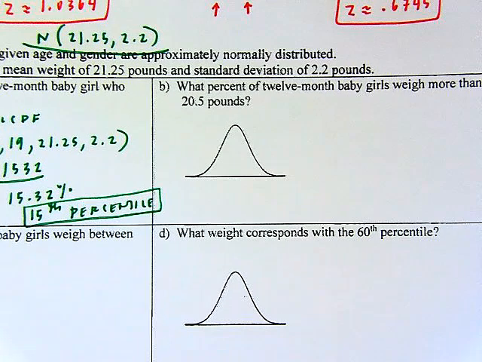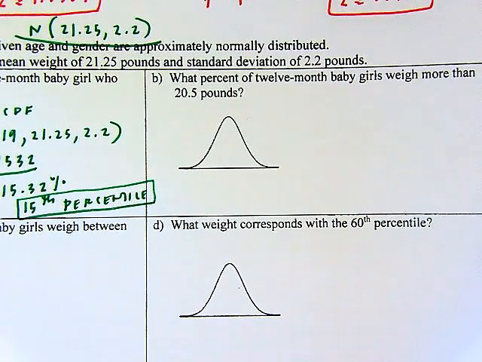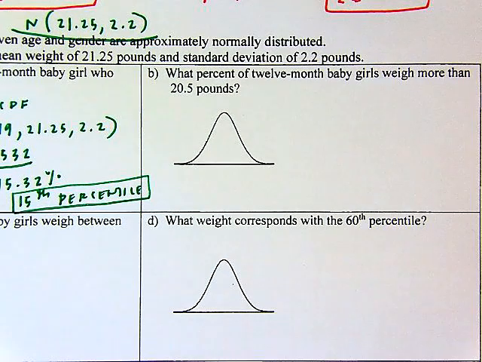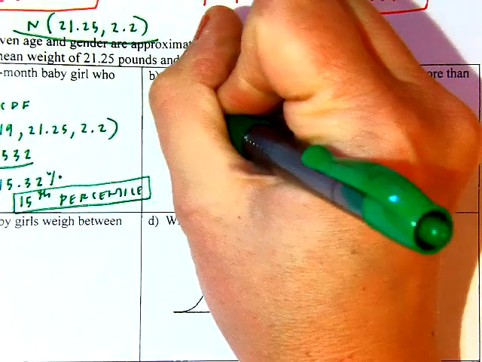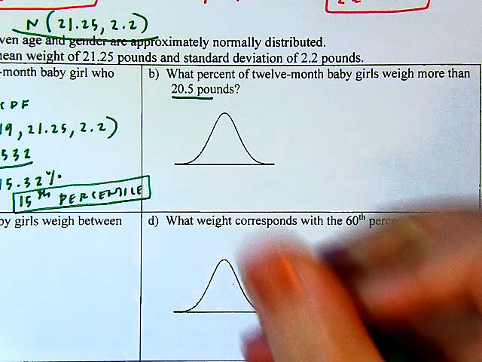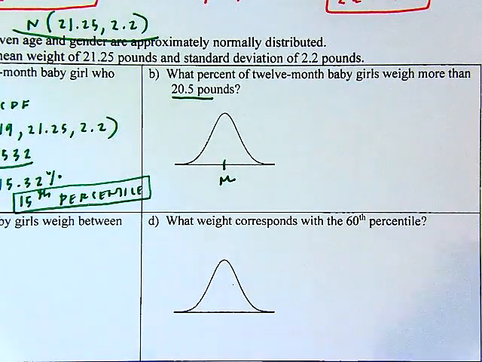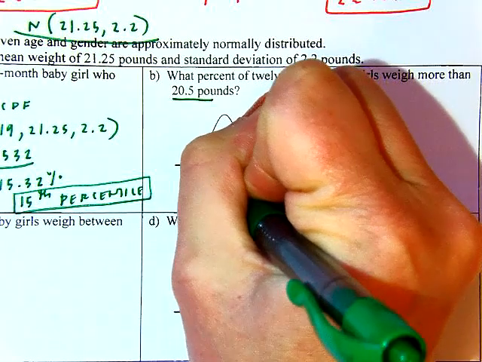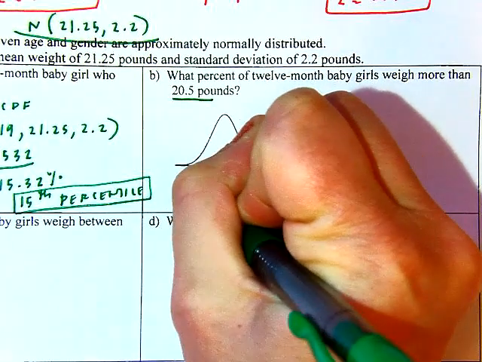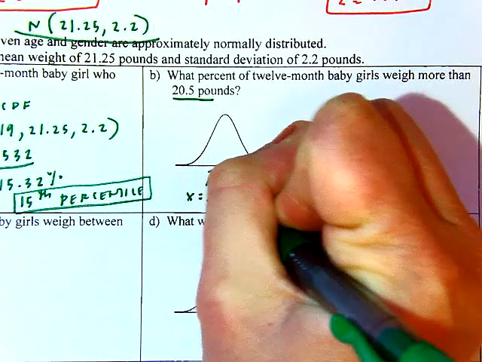Okay, next here, what percent of 12-month baby girls weigh more than 20.5 pounds? So more than. So again, here's my little anchor spot. There's my mean. This is going to be a little bit below it. So right about there, we'll say that's where my data point is, the 20.5 pounds.